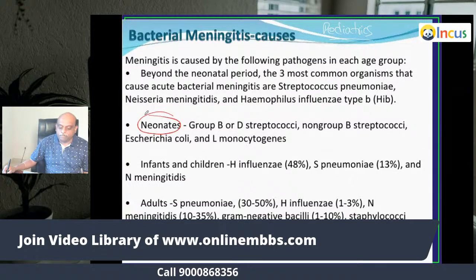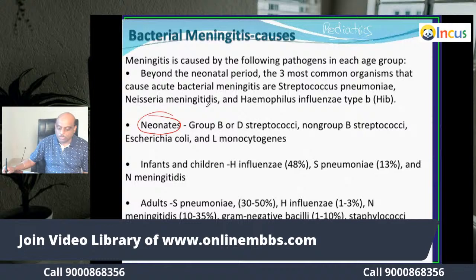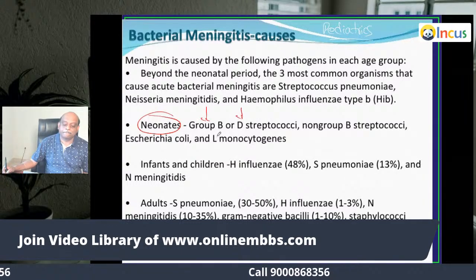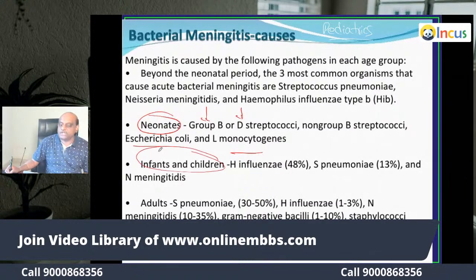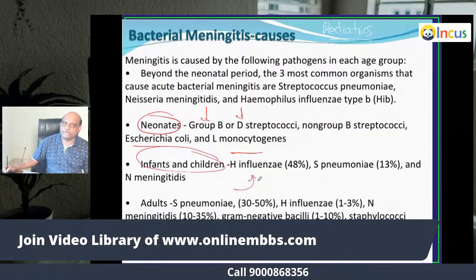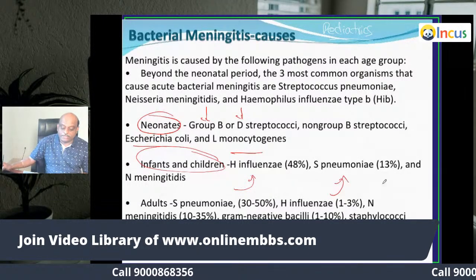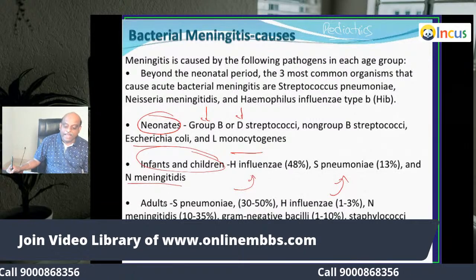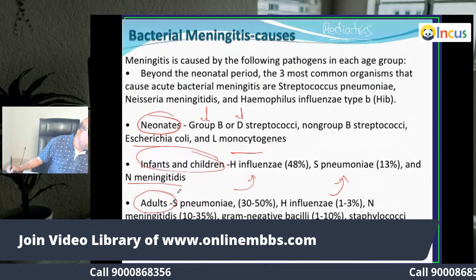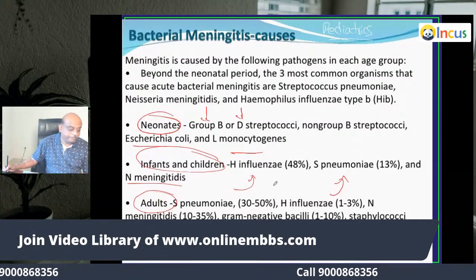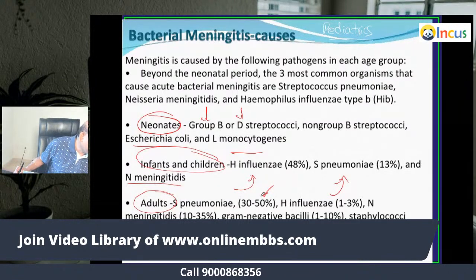Neonates: group B streptococci, E. coli, Listeria. Infants and children: H. influenzae 48%, Streptococcus pneumoniae 13% and Neisseria. Adults: Streptococcus pneumoniae 30 to 50%. Excellent.